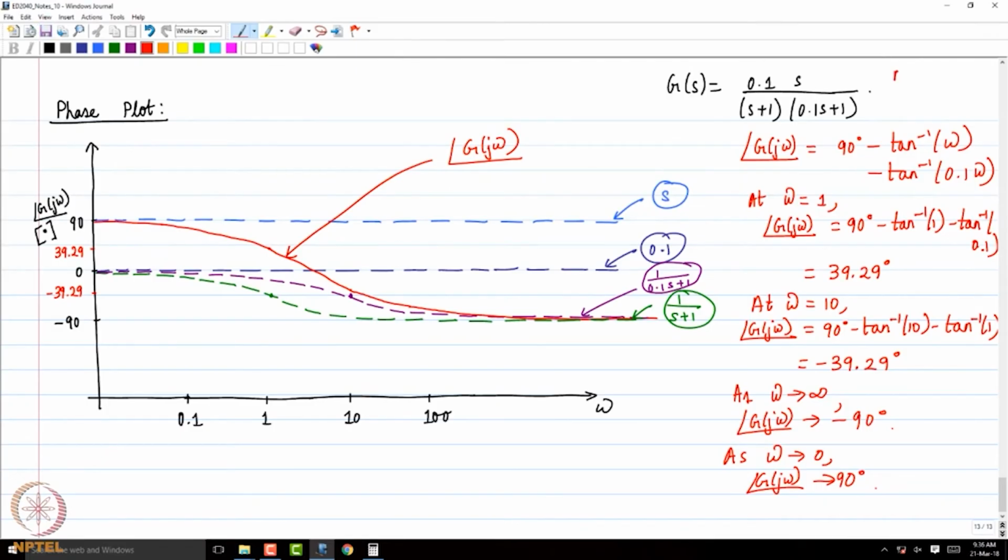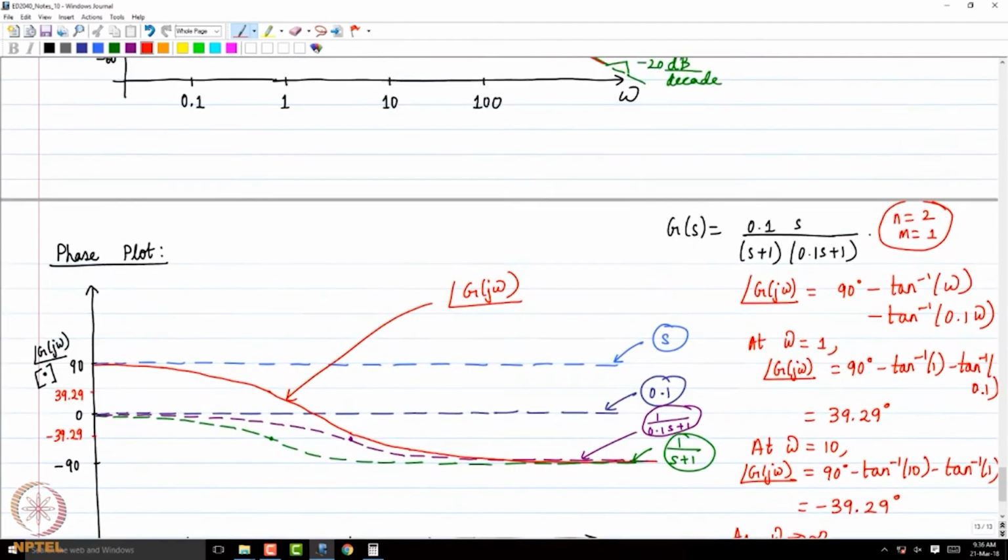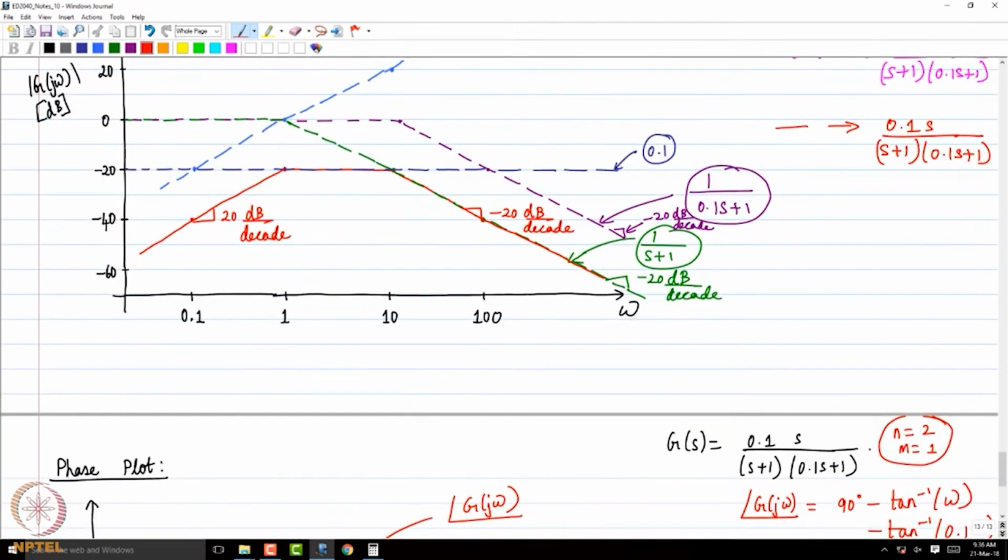What is n? 2, m is 1 in this particular problem, because this is the transfer function we started off with, isn't it? So you see that n minus m is 1 in this case. So what did the magnitude plot slope tend to at high frequencies?